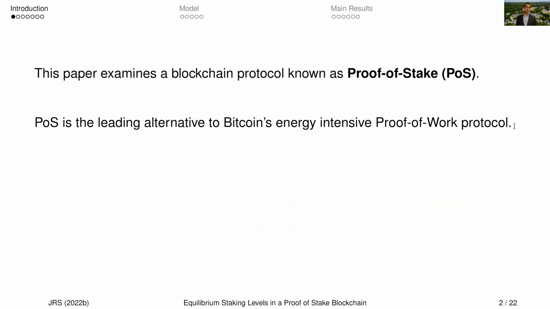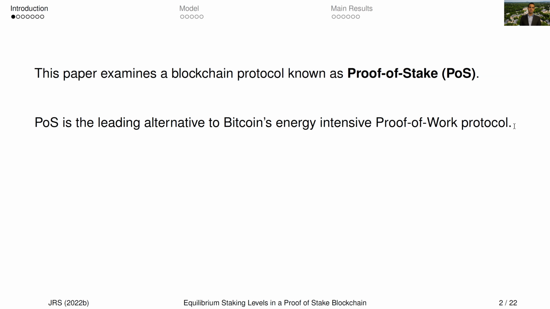This paper examines a particular protocol for blockchain, which is known as proof of stake. Now, what is proof of stake? Well, proof of stake is basically the leading alternative protocol to what's called proof of work, where proof of work is most well known as the energy intensive protocol that is used by Bitcoin. For some broader context here, proof of stake is already deployed in over 100 blockchains.